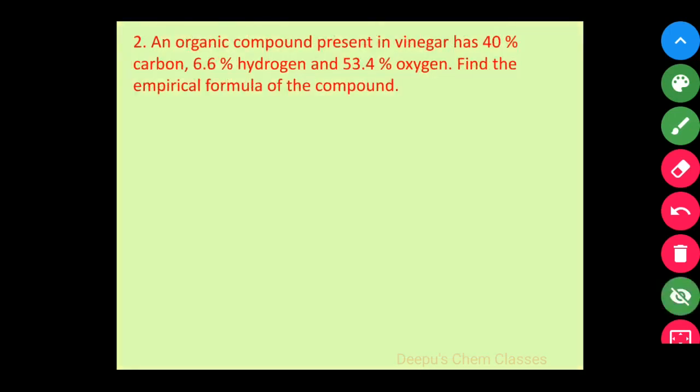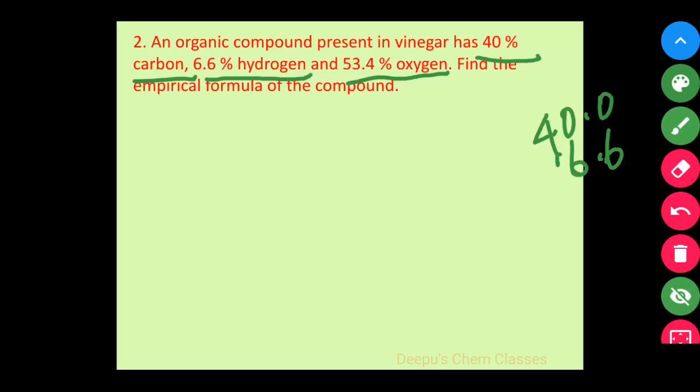An organic compound present in vinegar has 40% carbon, 6.6% hydrogen, 53.4% oxygen. Find out the empirical formula out of the given data. So carbon, it is 40, hydrogen it is 6.6, consider it as 40.0.